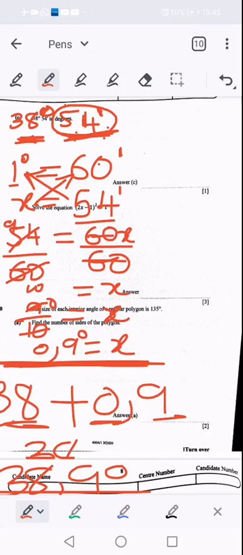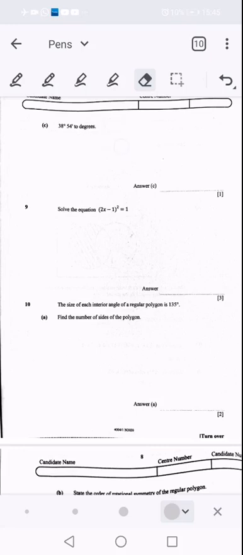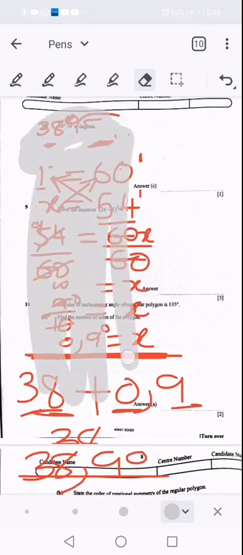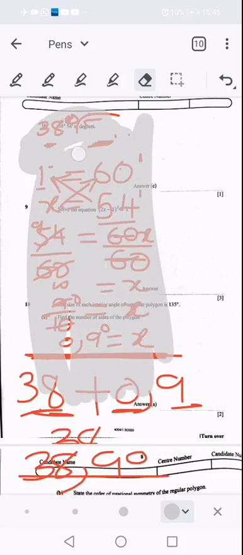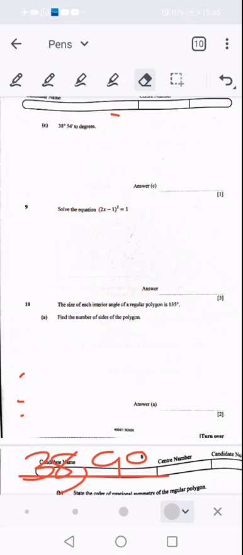This is a bit of a trick question. So just learn that 1 degree is 60 minutes. Those are important things you need to know, plus that the number marked here means minutes. Okay, let's do question number 9, which is the last question for today.